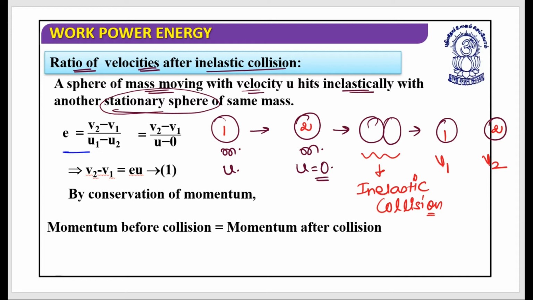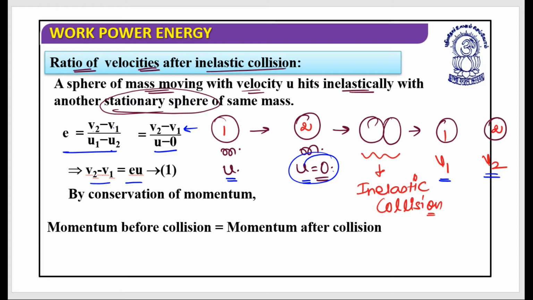So what I can have is e equals velocity of separation divided by velocity of approach. Now this separation could be written as v2 minus v1. Approach could be written as u1 minus u2, but as u2 is 0, I would write only u. So v2 minus v1 is equal to e into u. Yes, this is my first relation.